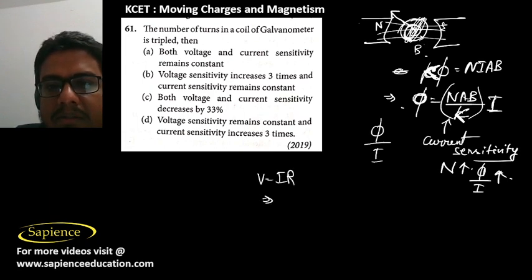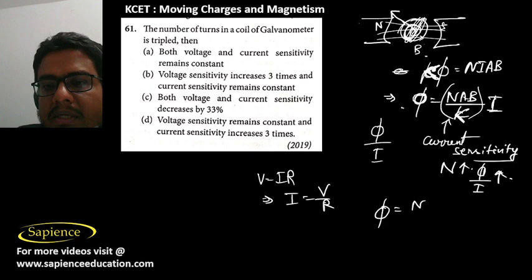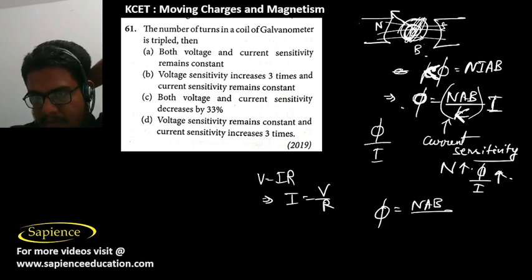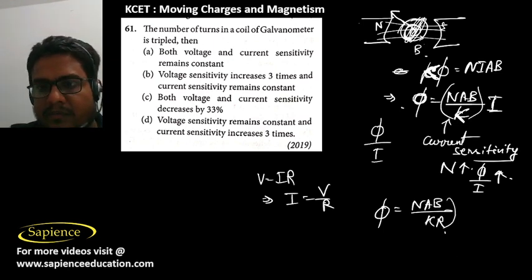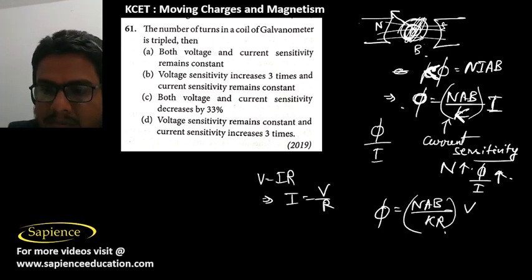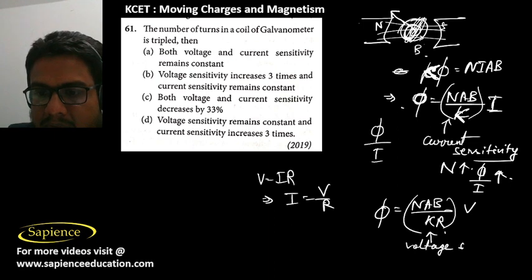If the resistance in the galvanometer wire is R, then I is equal to V by R. Replacing this, phi will be equal to NAB by KR into V. This is called the voltage sensitivity.